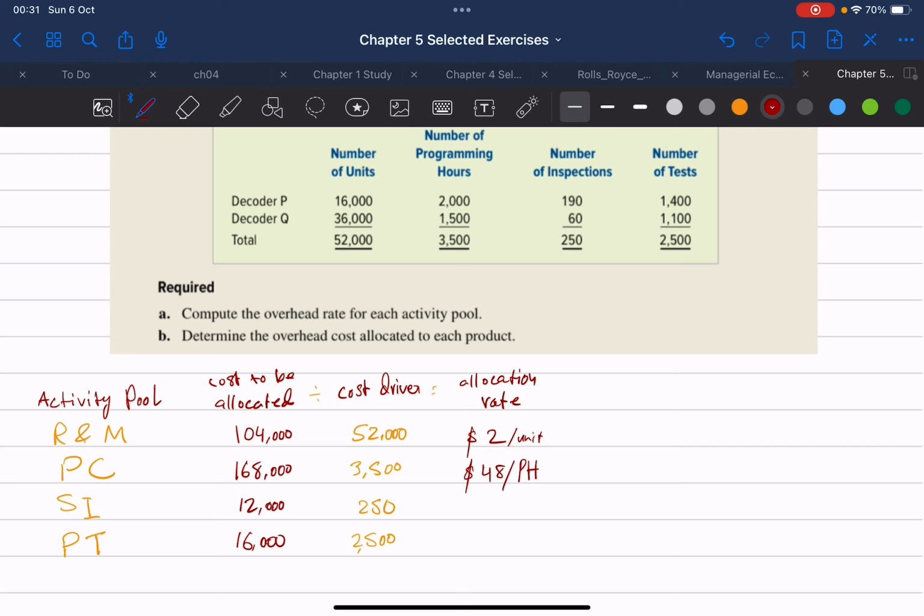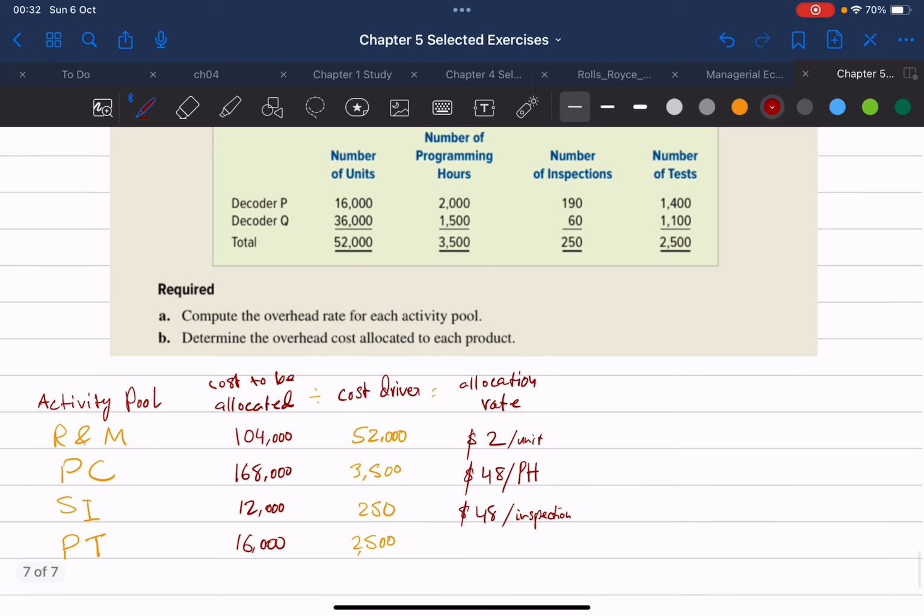And then for SI, 12,000 divided by 250. That's also $48 per inspection. And then for the last one, PT, product testing, 16,000 divided by 2,500. That will be 6.4.